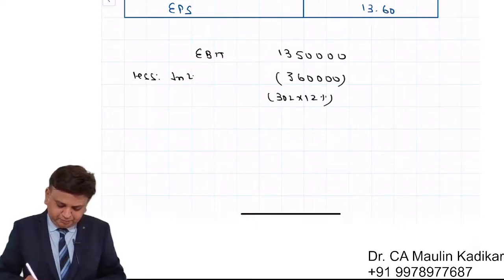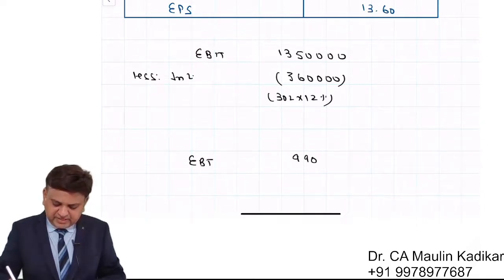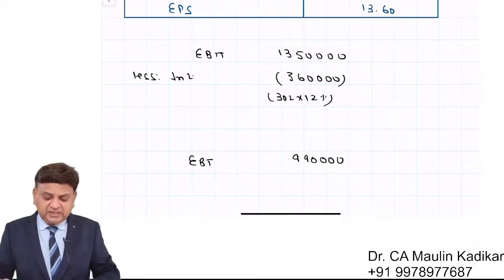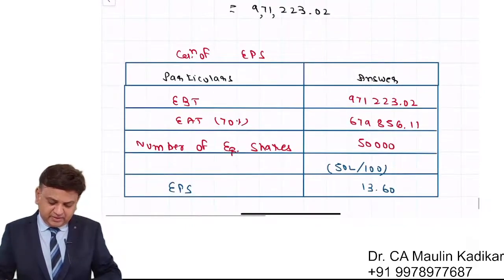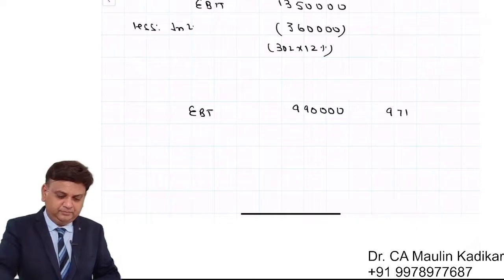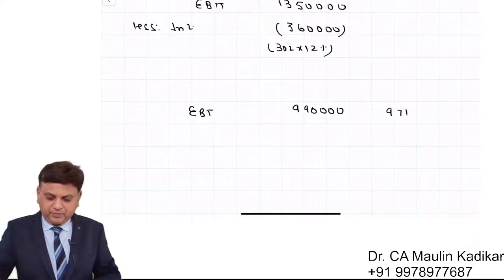So earning before taxes is 9,90,000 and so on. Can I do working like this, instead of the working that you have done, in which the earning before taxes is 9,71,223.02?